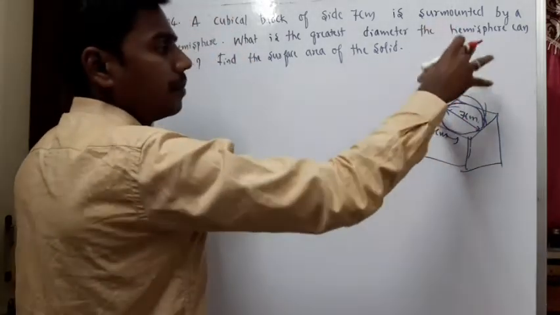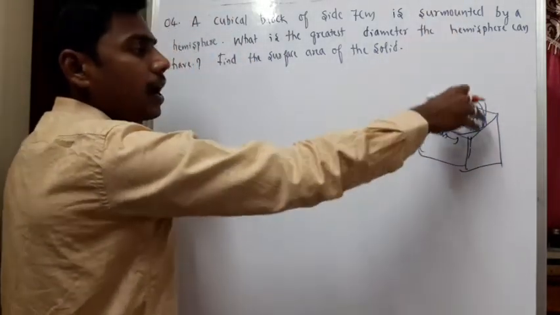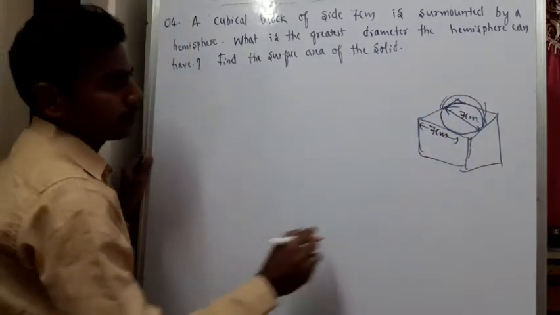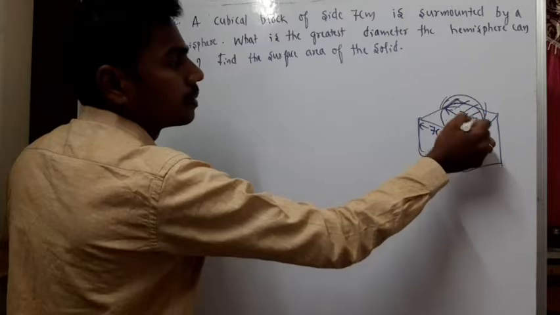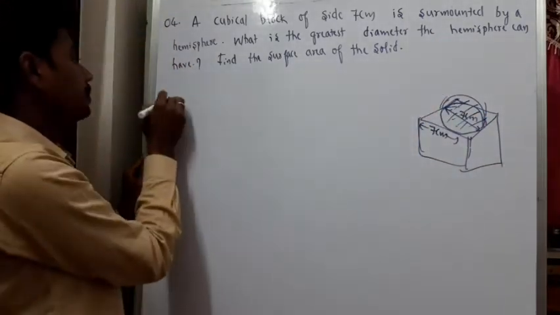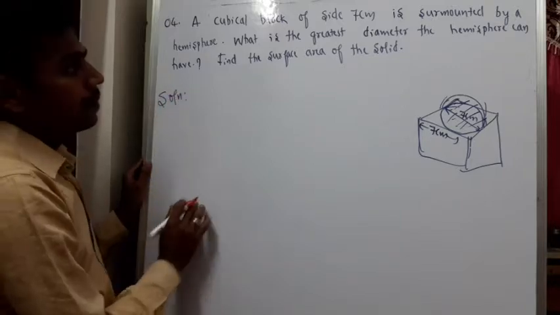So this is the hemisphere that is surmounted on a cubical block. Now, what is the first part?